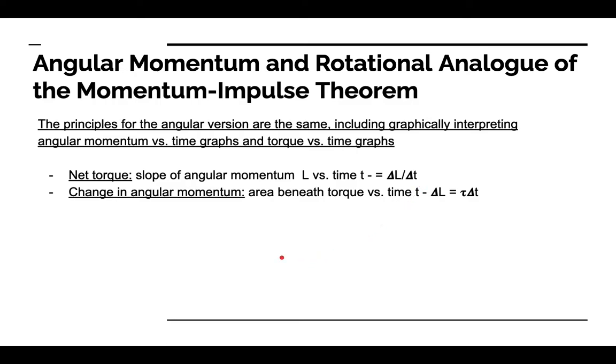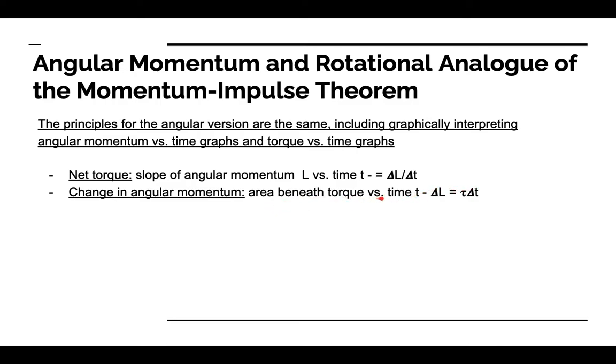And then also we can calculate change in angular momentum from a torque versus time graph. The same way that the area beneath a force versus time graph gave us our change in linear momentum, the area beneath a torque versus time graph will give us our change in angular momentum. The idea being that torque versus time is like height times width, or base times width gives us the area of a rectangle, and torque times time is also equal to, by the angular momentum impulse theorem, our change in angular momentum.